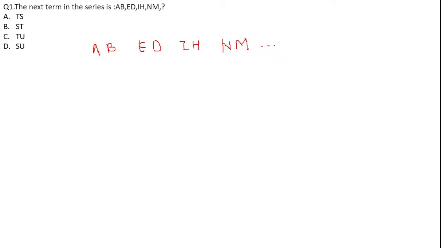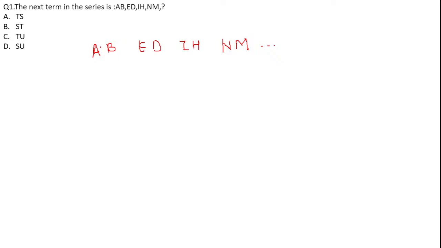Now next we have to find the next pair. First of all, we need to observe the series. Before observing, you also need to know the alphabet sequence or numbering of the alphabets, like A is at first position, B is at second position.